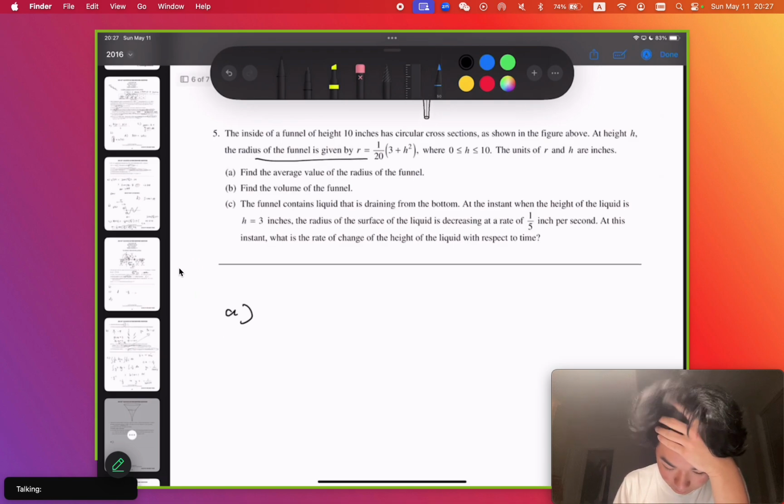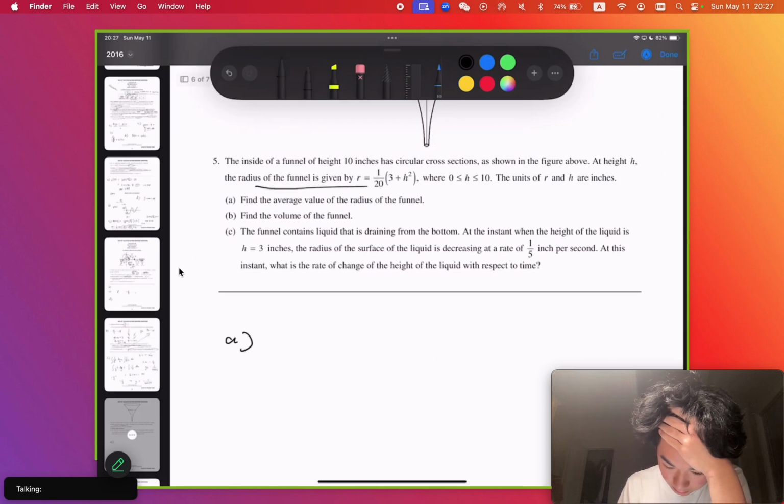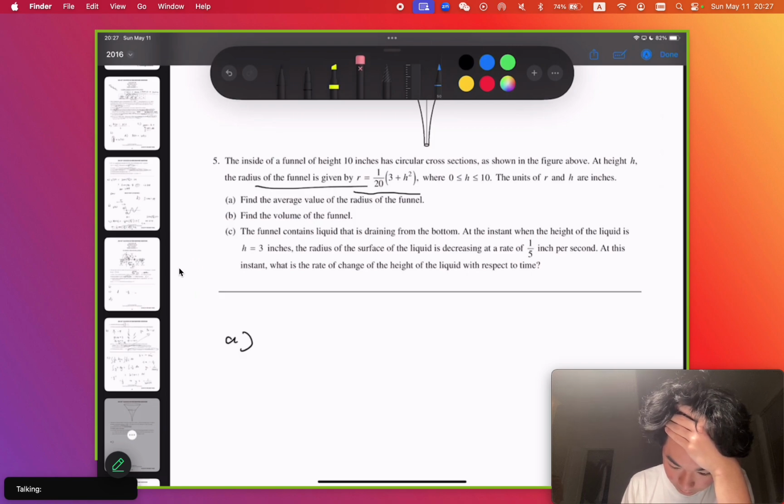So I'll say first find this, let's say this is the position. All right, it's asking for average position. The integral from 0 to 10 of r dh.